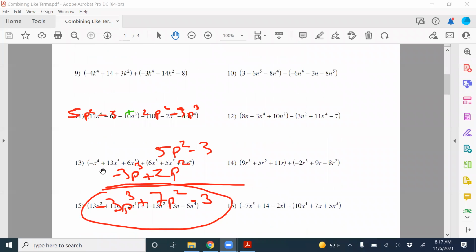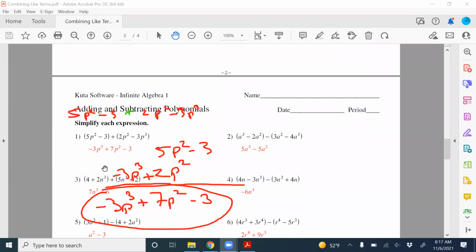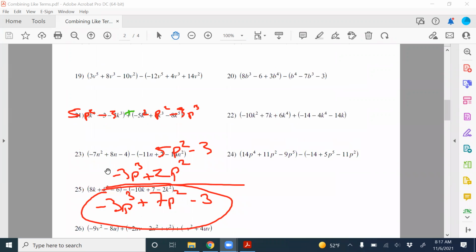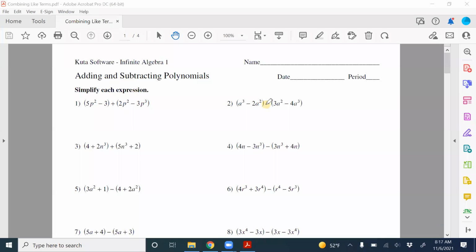And if we check the answer key, we see that we get the right answer. There we go. So let's try this again for number 2. But number 2 is a little different. Number 2 has a minus in the middle. So let's get a highlighter out here. Minus, so that is distributive. So we do have to distribute that minus to all terms, because it must change the signs of what's to the right.